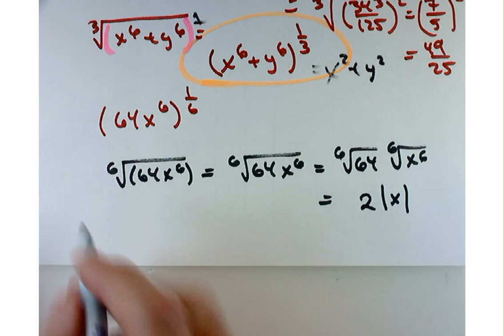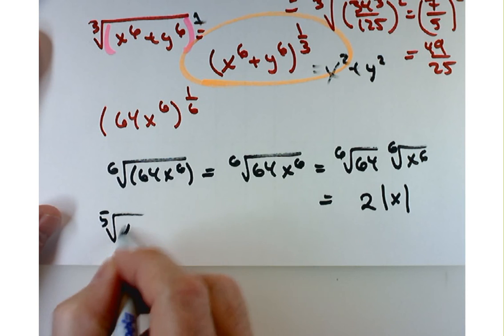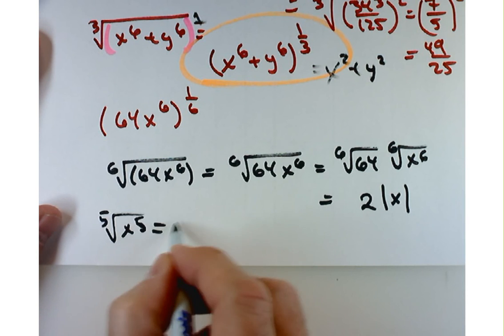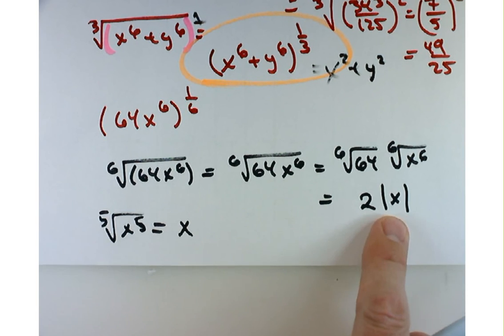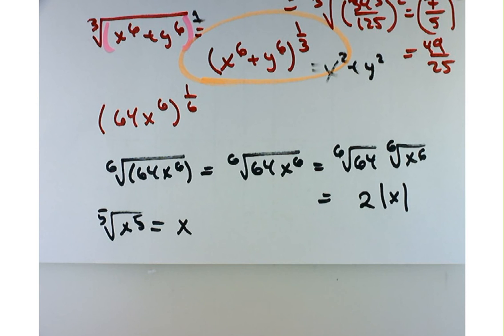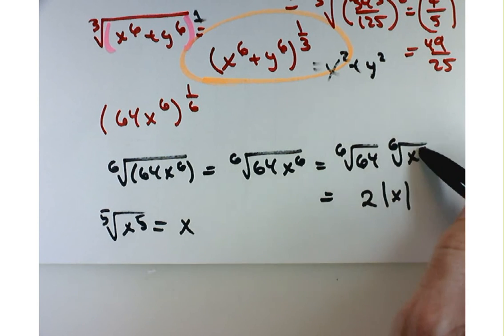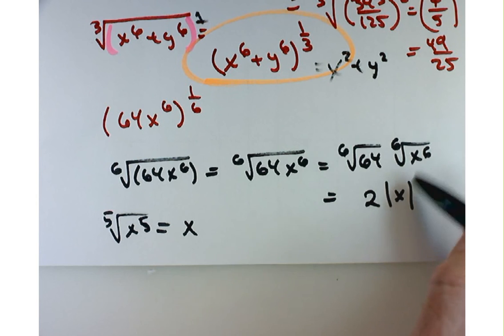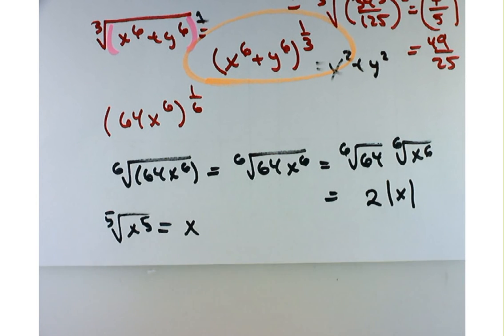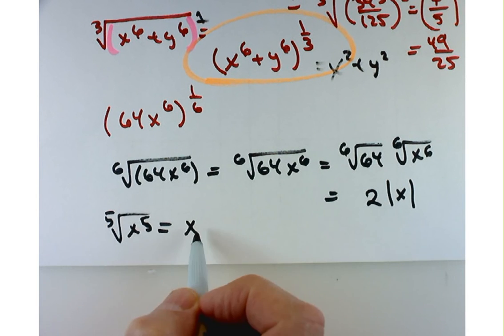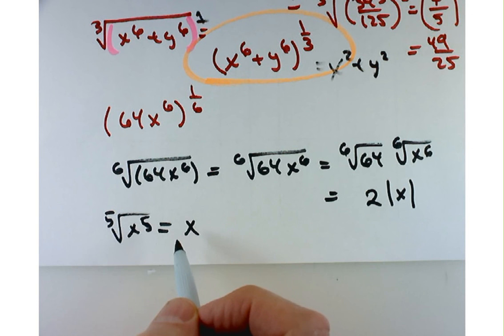If I did the 5th root of x to the 5th, I wouldn't need the absolute value here. So why do I need it here? Because it's even. If these things match and they're even, that's when you need the absolute value. Here they match, but it's odd, so you don't need the absolute value.